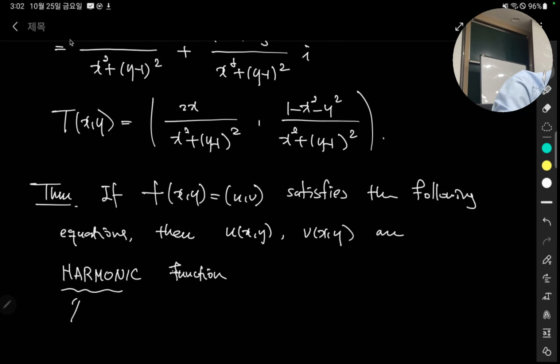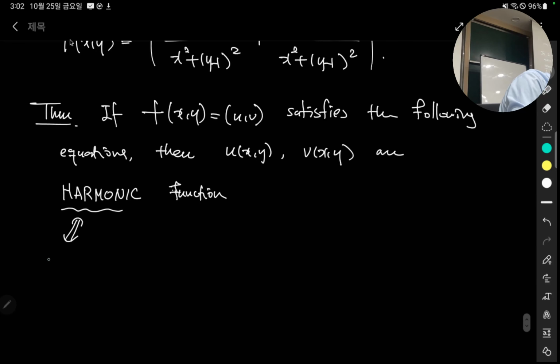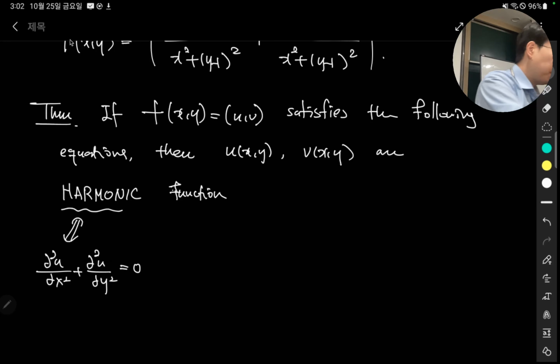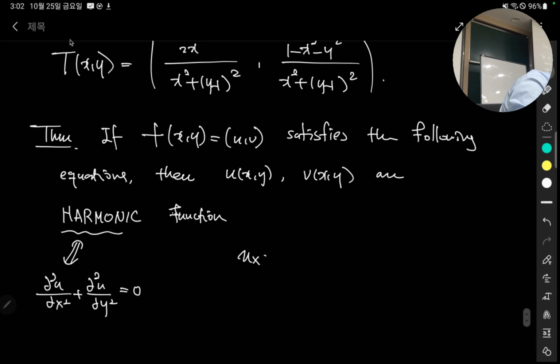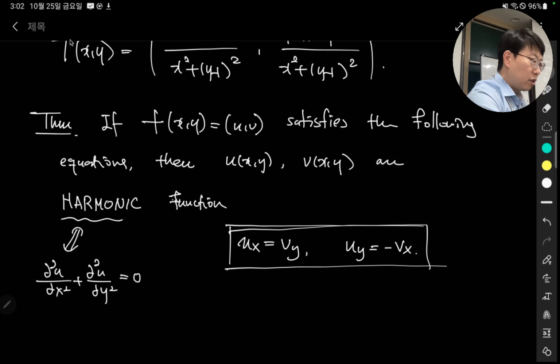So what does it mean by harmonic? It's the same thing as the heat equation. Harmonic means that it satisfies this equation, and the same thing for v. So what is the equation that has to be satisfied? There are two. One is ux equals vy, and the other is uy equals minus vx. So it's a necessary condition, not a sufficient condition. I'm not saying that any harmonic function satisfies these equations.